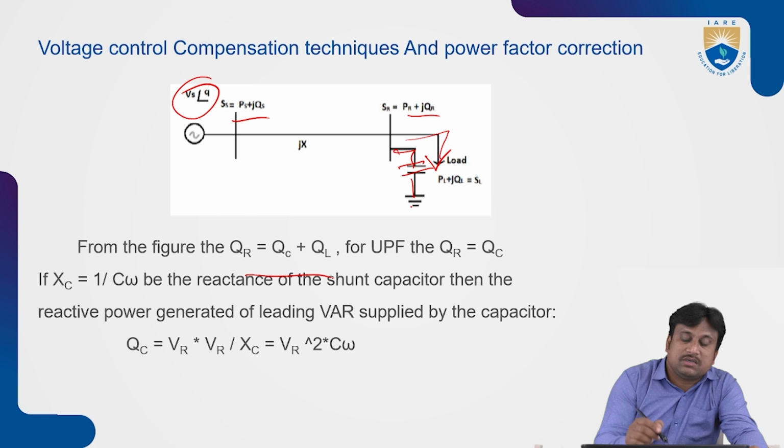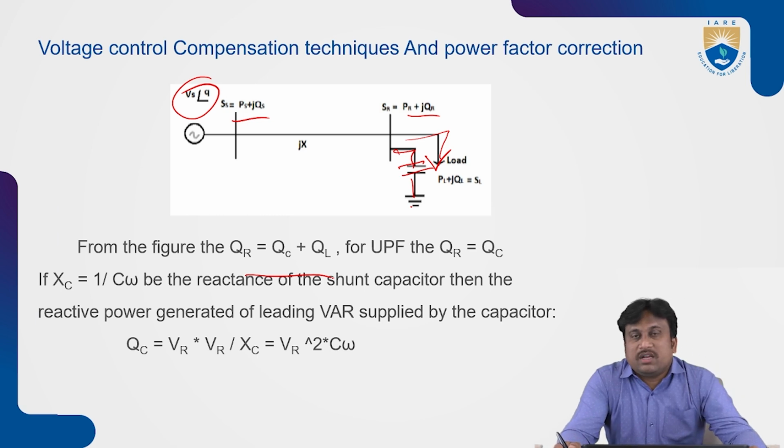Then from this diagram, the receiving end reactive power QR becomes QC plus QL. For the usual case of unity power factor, the receiving end will have QR as QC. If XC is 1 by C omega, that is the reactance of the shunt capacitor.